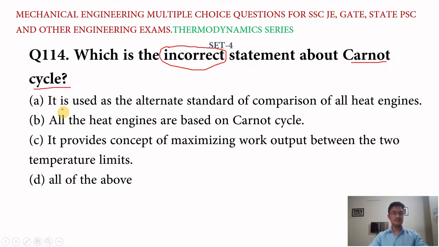We have four statements. A, it is used as the standard of comparison of all heat engines. B, all the heat engines are based on Carnot cycle. C, it provides the concept of maximizing work output between the two temperature limits. D, all of the above.